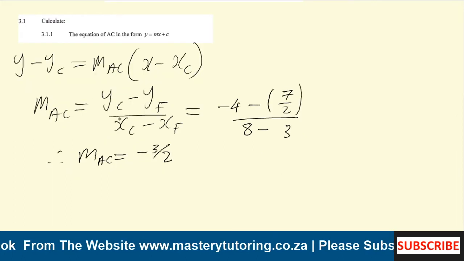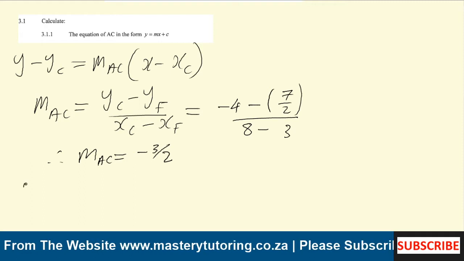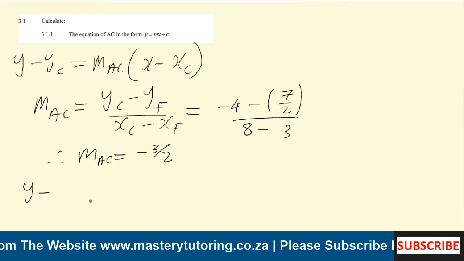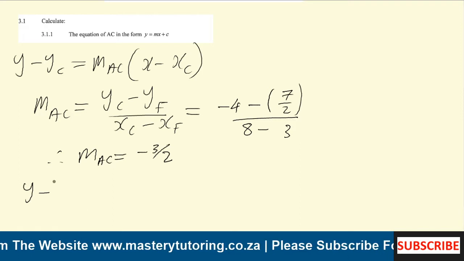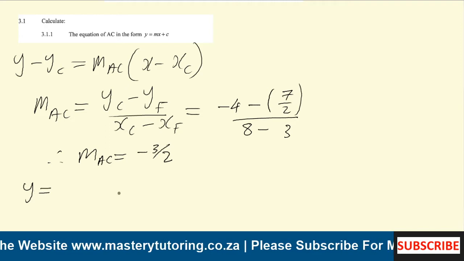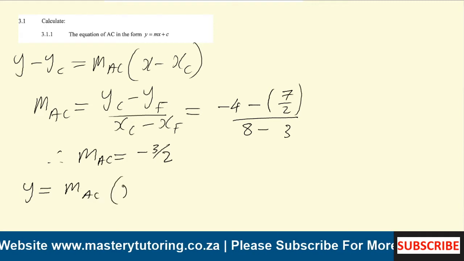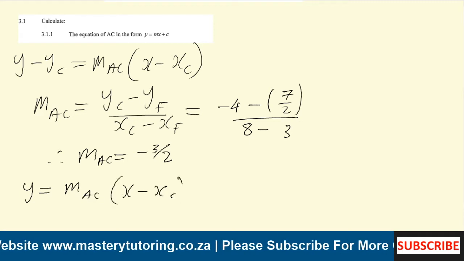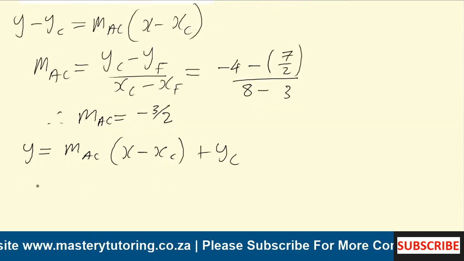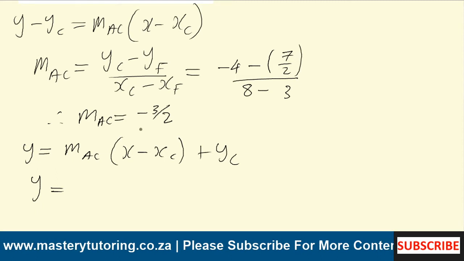Now we can substitute all the information that we have into that equation. Let me take this y at C to the other side first. I'm going to make y the subject of the formula. So I have y = m_AC(x minus x at C) plus y at C. Now I'm going to substitute the information given and what we've calculated.